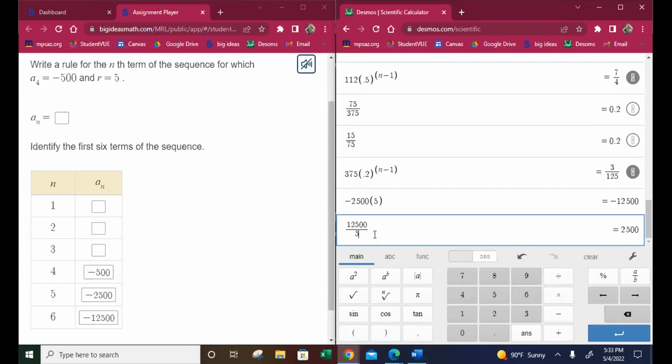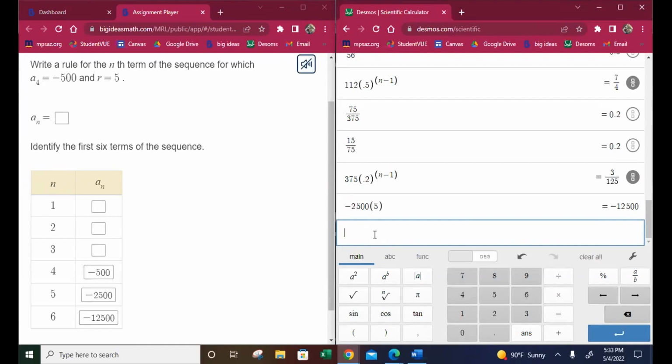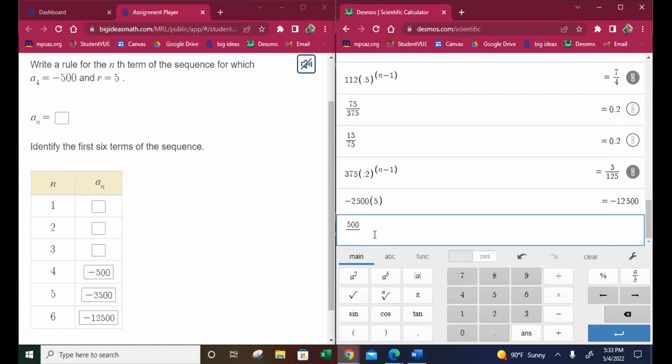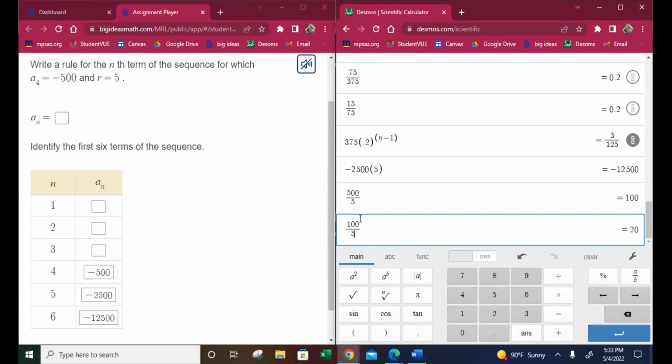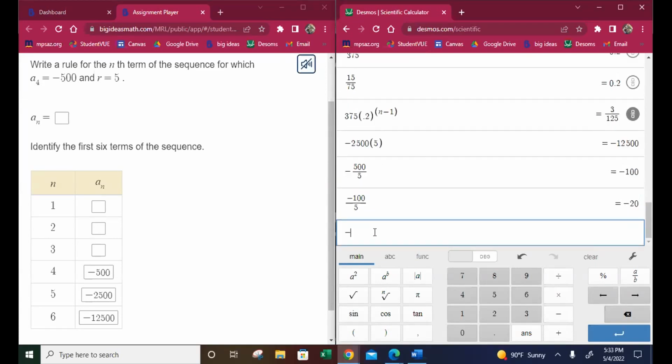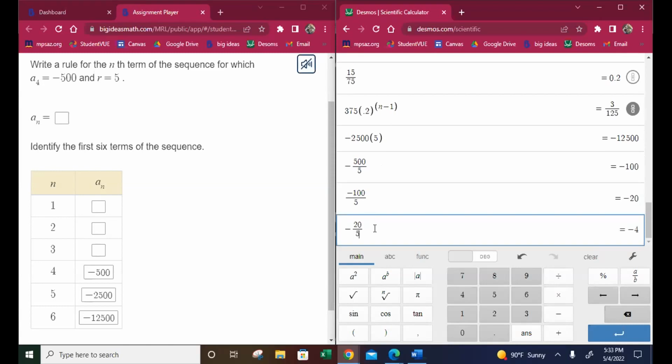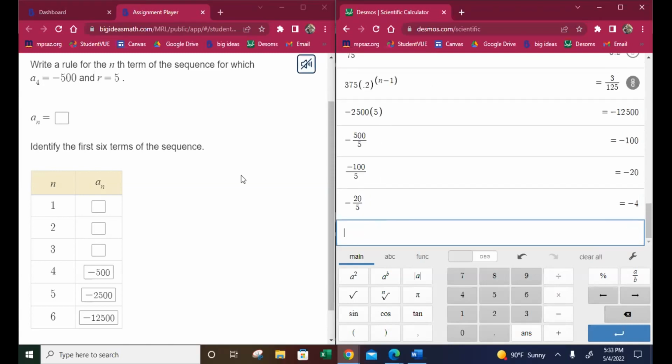So I want you to divide the minus 500 by 5, except it's negative. It's got to be negative 100. You're going to get the next one, negative 20, right? That's good. Then you're going to do negative 20 divided by 5, and I think that'll get you the 3 that you need.